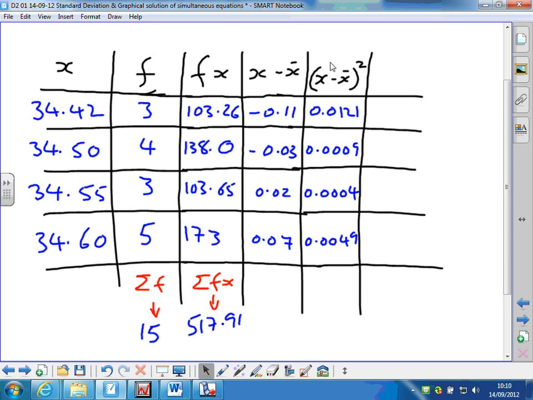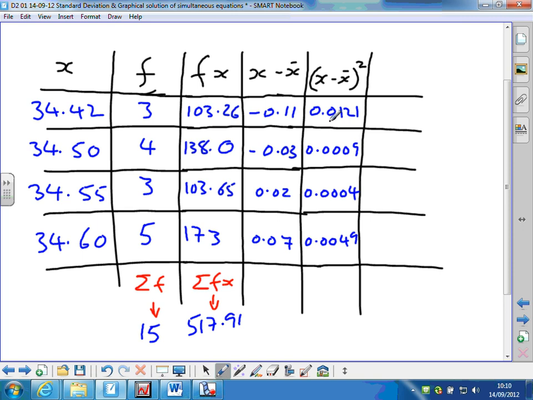But remember, if we look at the frequency column, what this means is we've got 3 of these 34.42s. So we've got 3 of these 0.0121s and so on. So we now need a column where we multiply each of these by the frequency to get the total difference.